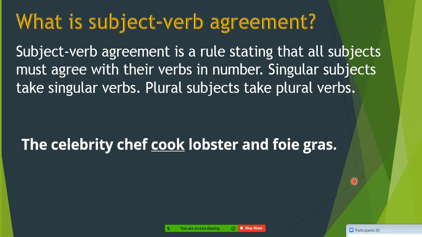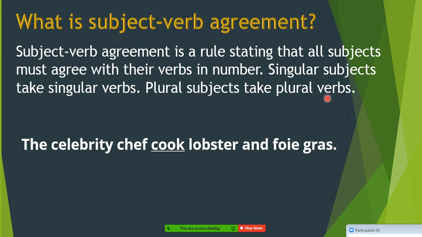Right. What is subject-verb agreement? Now that you know well what the subject means in any sentence, what is subject-verb agreement? Subject-verb agreement is a rule where the subject and the verb of the sentence should agree together. They should follow each other. This means that if the subject is singular, the verb should be singular too.